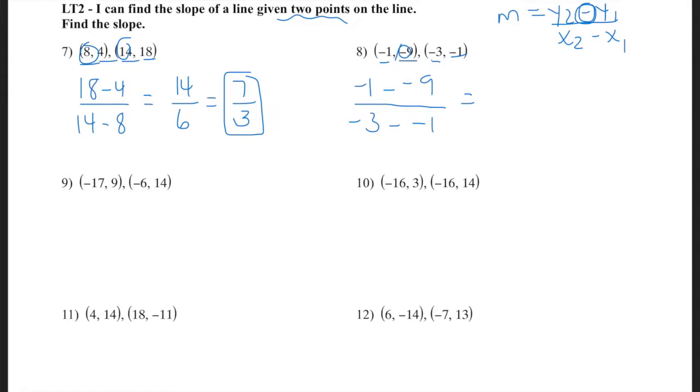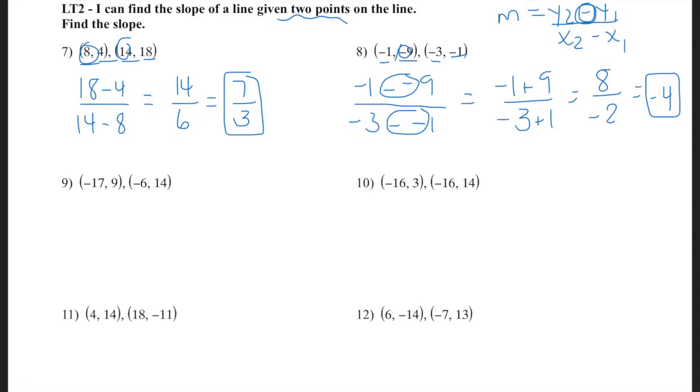So remember that when you have double negatives, it really turns into a positive. So I like to rewrite this. If you can do it mentally, that's perfectly fine. And we have 8 divided by -2, which is -4. All right, be extra careful with those negatives.